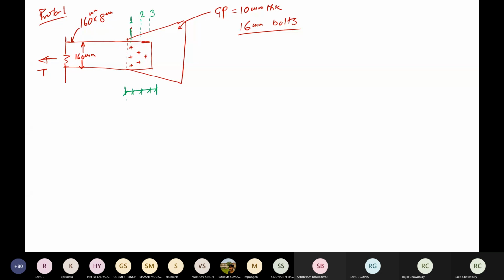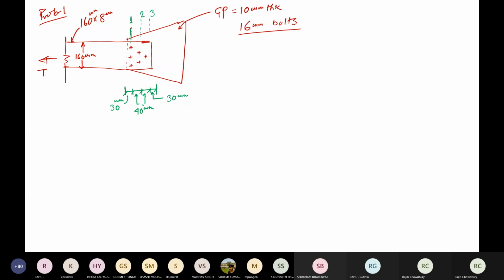So this is 30. Both the pitches are 40 mm. Another, this is the end distance, 30 mm.